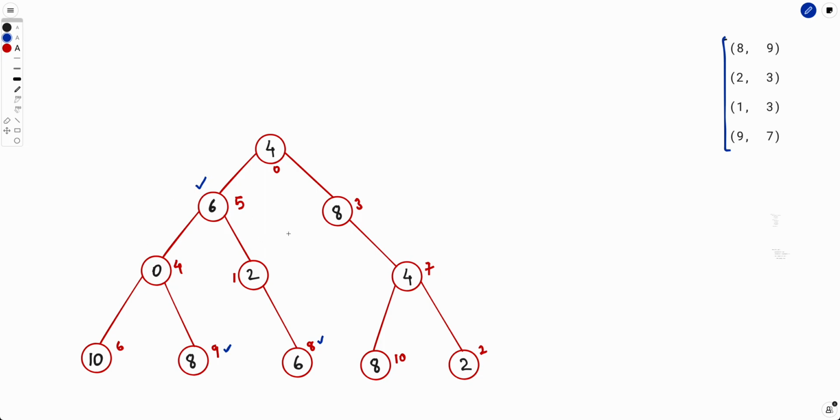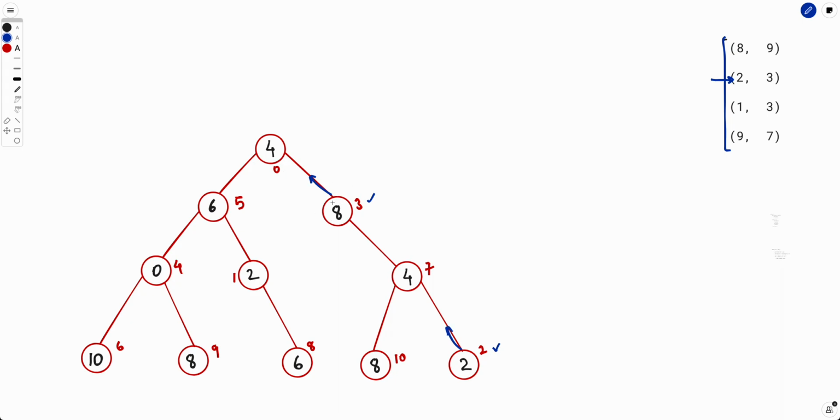So this works. But let's take the second example, 2 comma 3, right? So in this case you can see 3 is this and 2 is this. If you apply the same trick here, you start going up from 3, you start going up from 2. So you can see you will never be able to meet at a particular position.